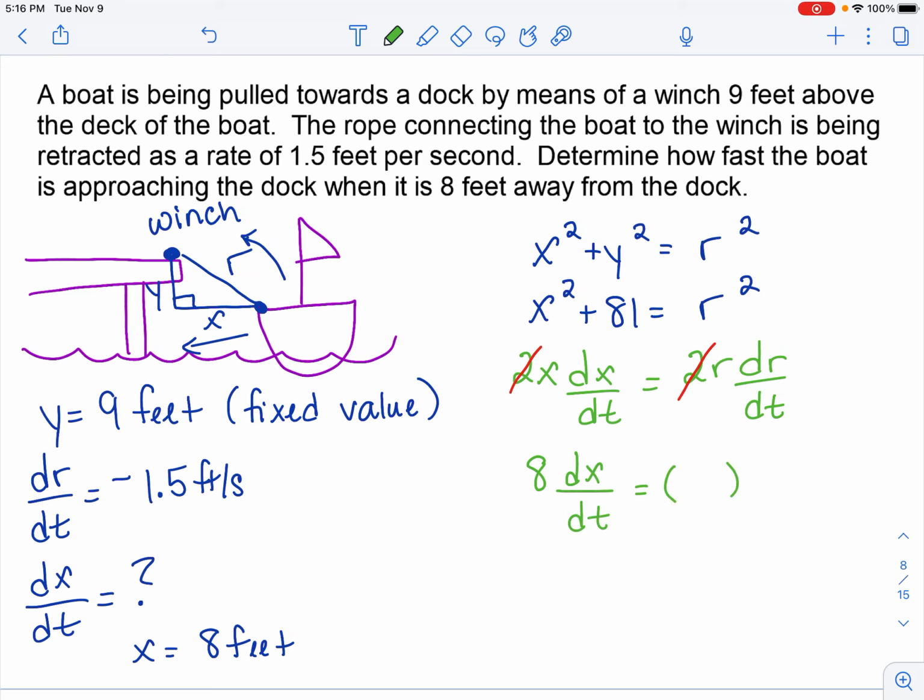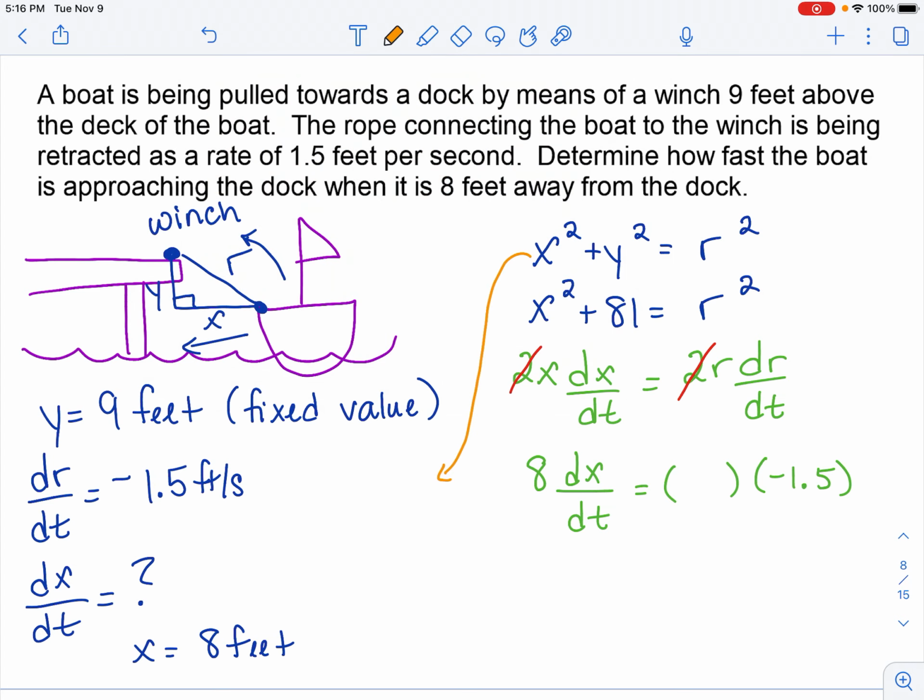I must need to know what r is, but I haven't written it down yet, so I'm going to come back to that in a second. dr/dt is negative 1.5. So the question now is, what's r? Where can I figure out the r value for this particular moment in time? I can go back to the original equation and use the Pythagorean theorem.